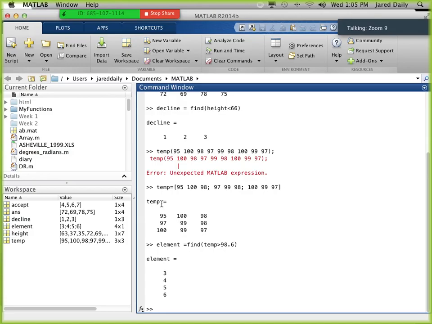So back in chapter 2, I believe, let's go look. Maybe it wasn't chapter 2. Maybe it was chapter 4.